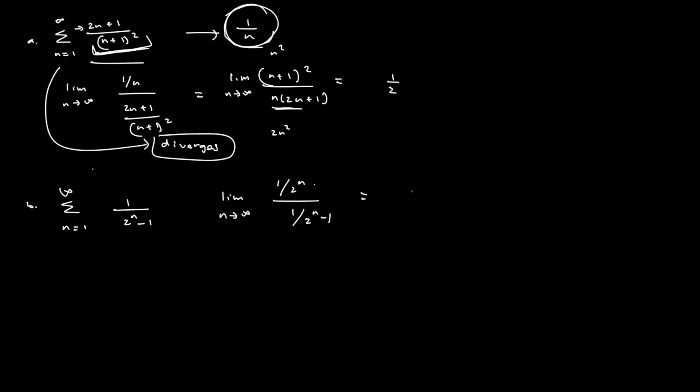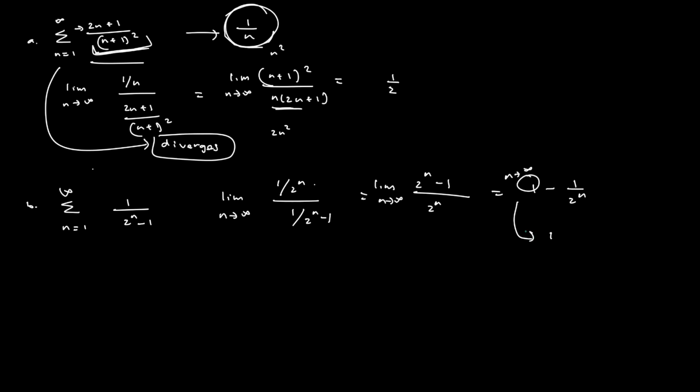What we're left with is the limit as n tends towards infinity of (2 to the n minus 1) divided by 2 to the n, and that's just 1 minus 1 over 2 to the n as n tends towards infinity, and then we're just left with 1 because this term goes to 0.